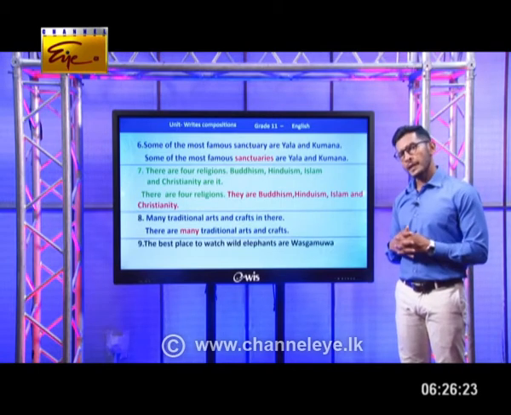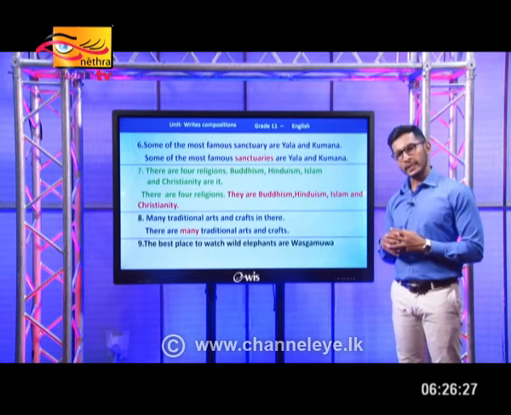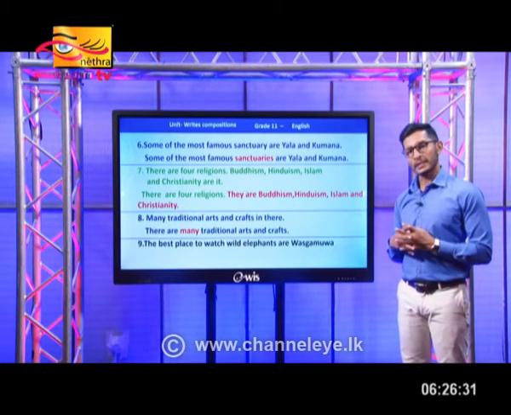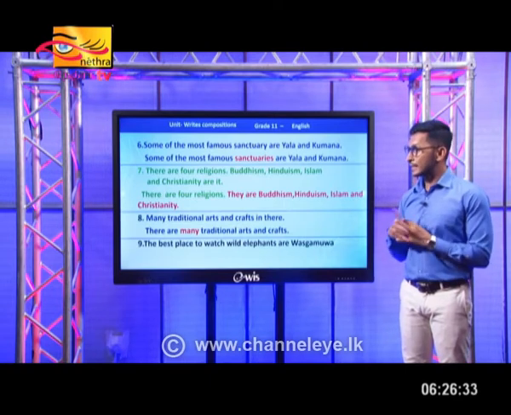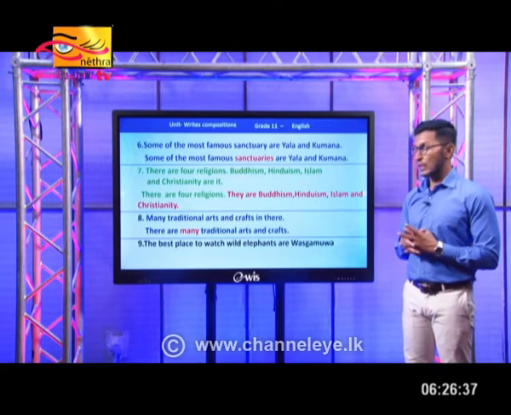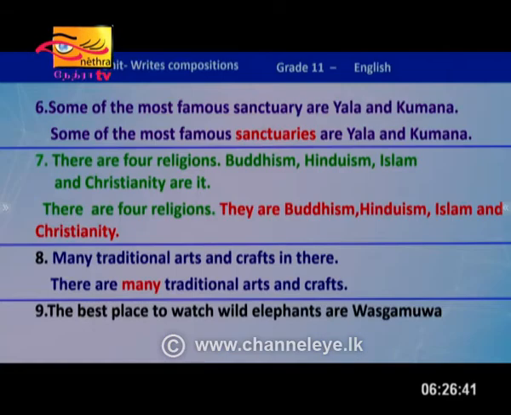Can we write are there? Some students think that because of the word elephants, they have to write a plural verb there. No, our focus, the subject of the sentence, is the best place. So, the best place should be is. Shall we correct the sentence? The best place to watch wild elephants is Wasgamuwa. See the answer.